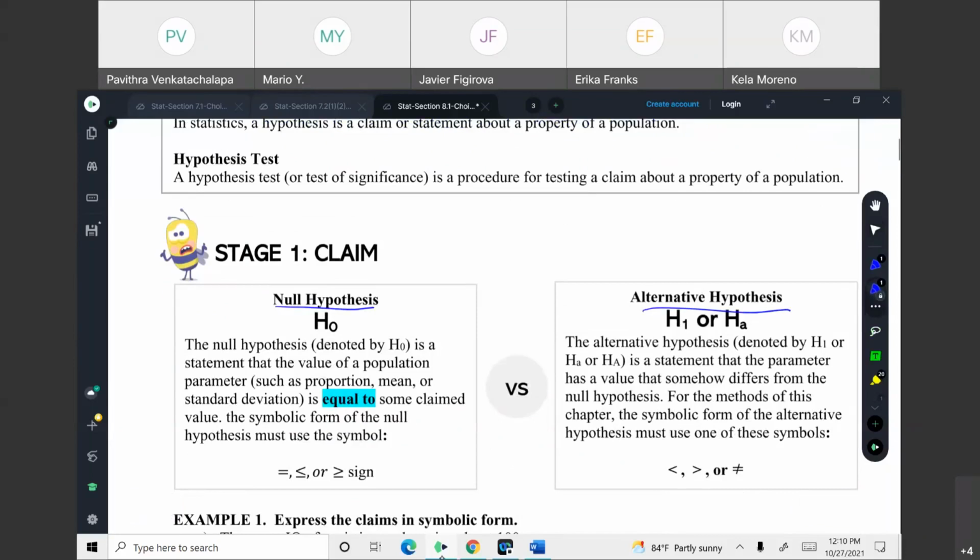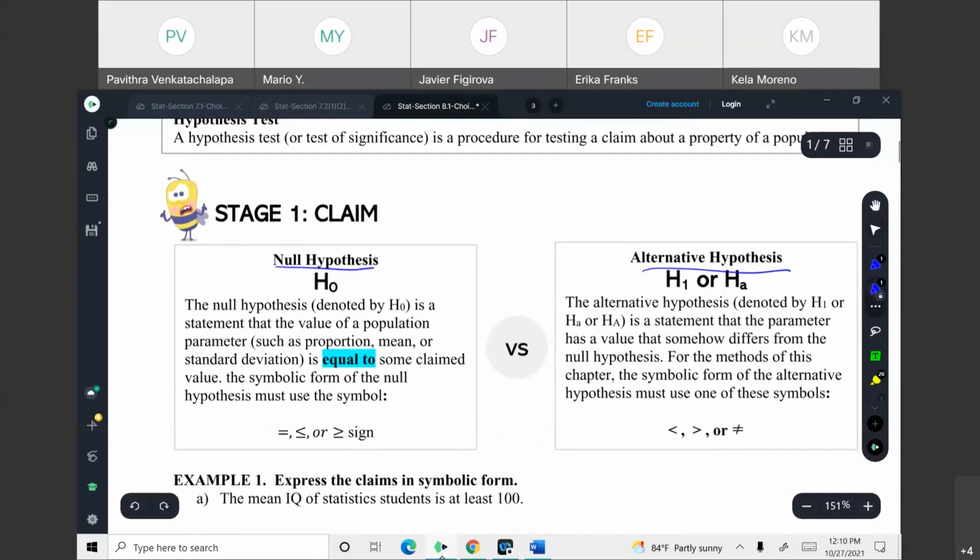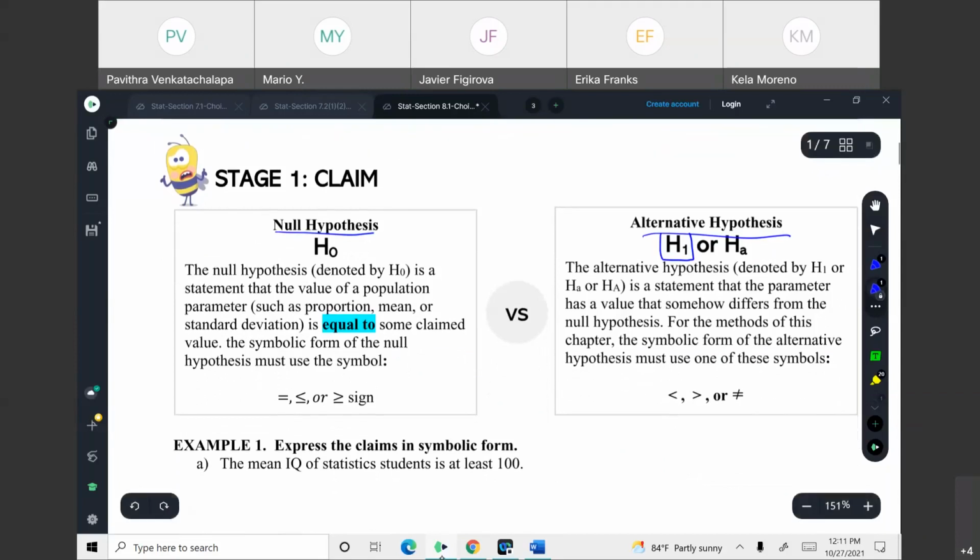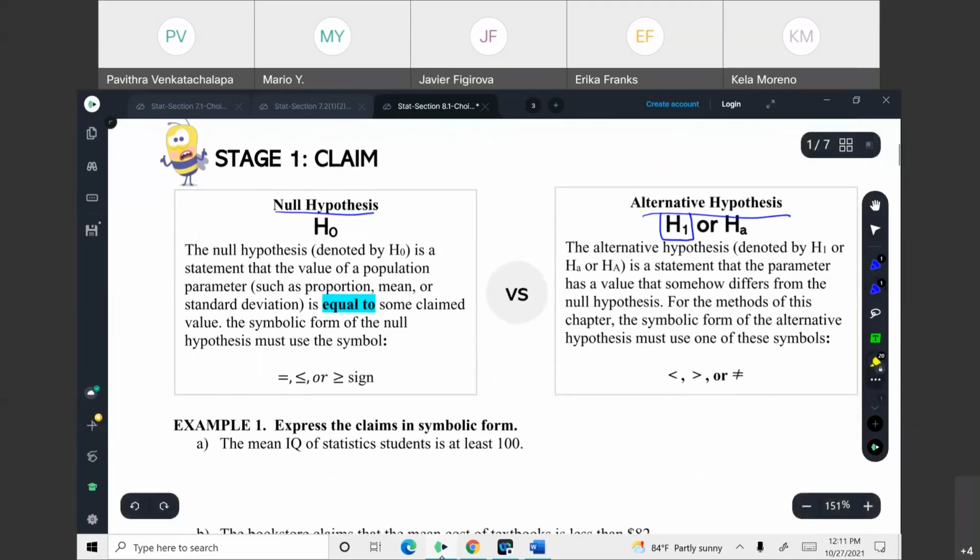Okay, so null hypothesis is denoted by H0, and alternative hypothesis we usually denote by H1, or maybe HA, but we usually use H1 more often. So what is null hypothesis? Very simple. If the value of a population parameter is equal to the claimed value.